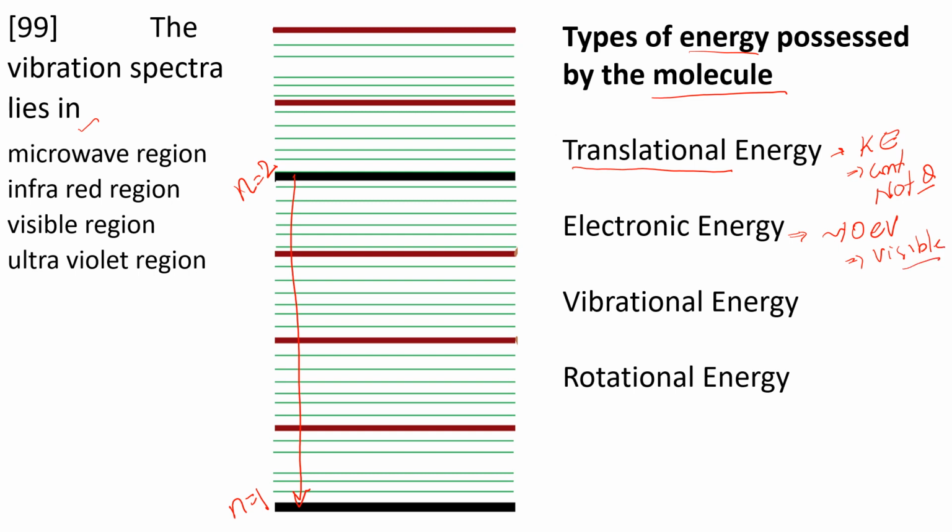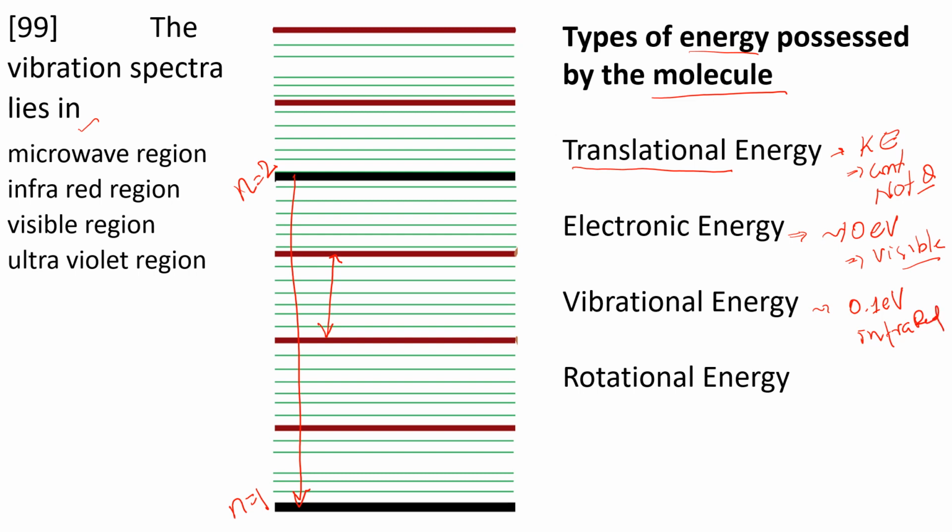and each electronic level is further divided into vibrational levels, that is seen in the brown color, whose energy is of the order 0.1 electron volt, and this falls under the infrared region.